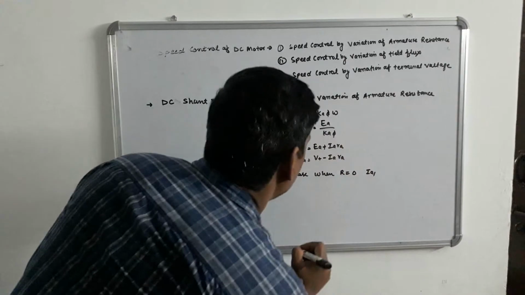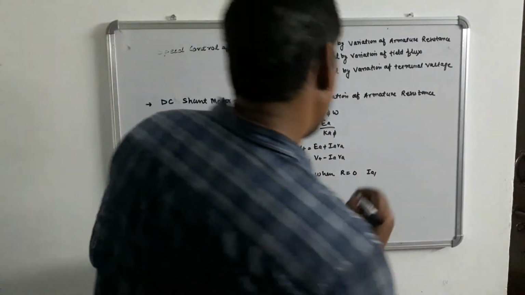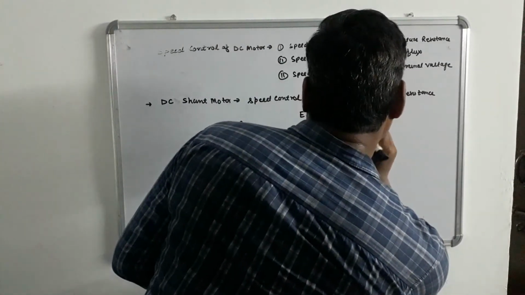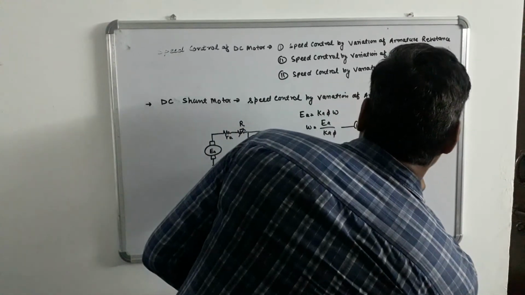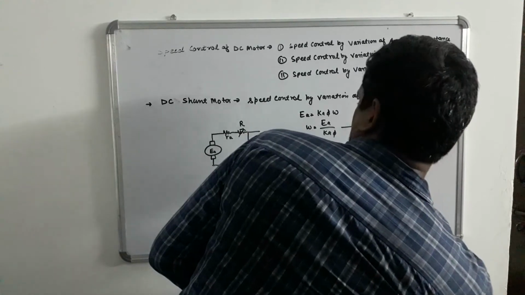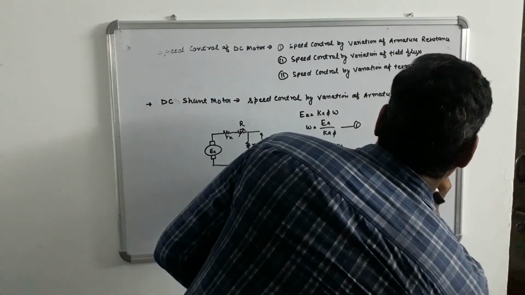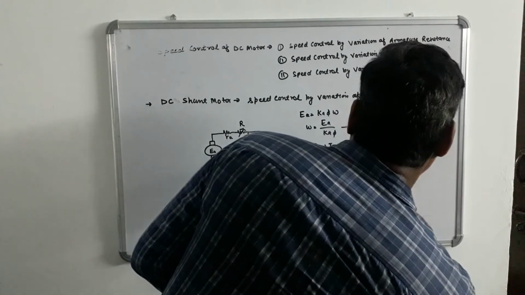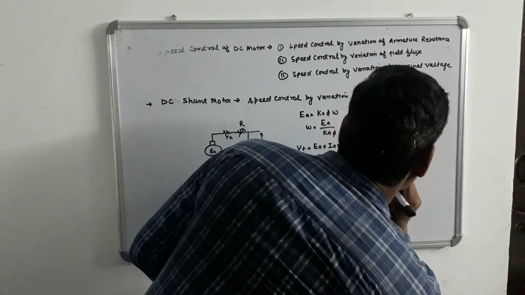From equations 1 and 2 we get omega 1, IA1.